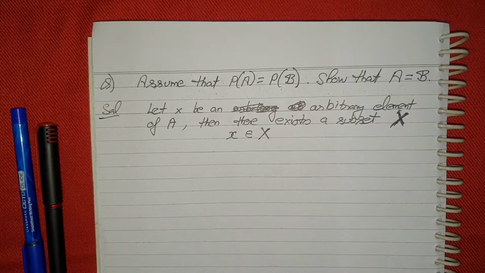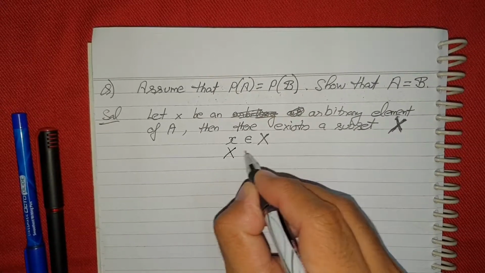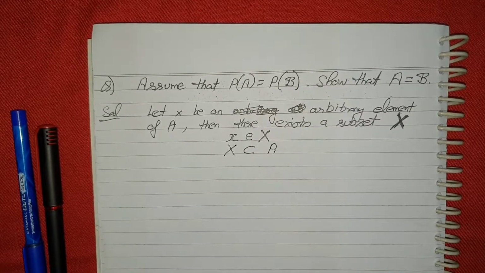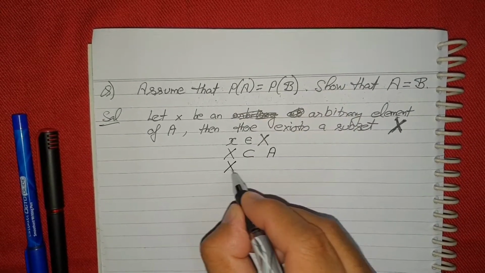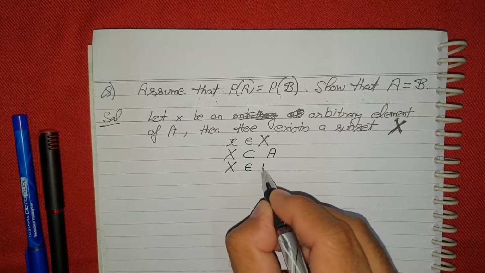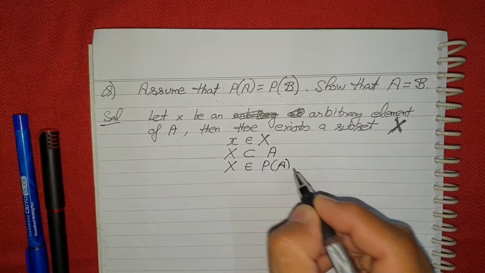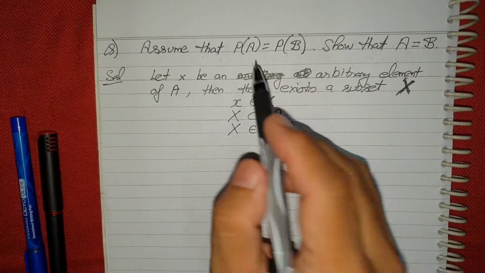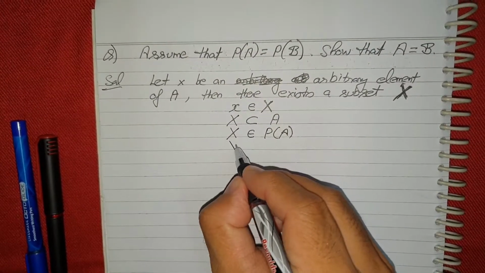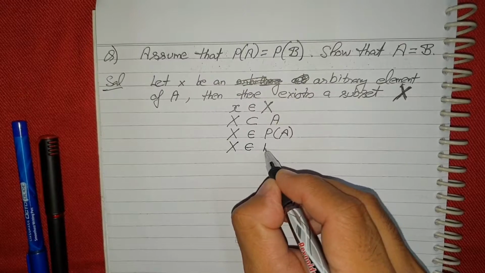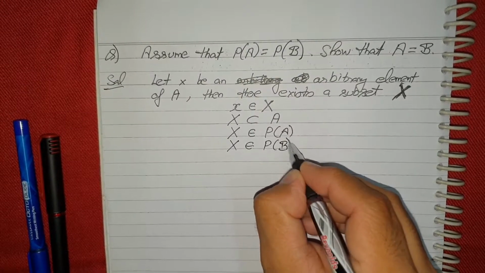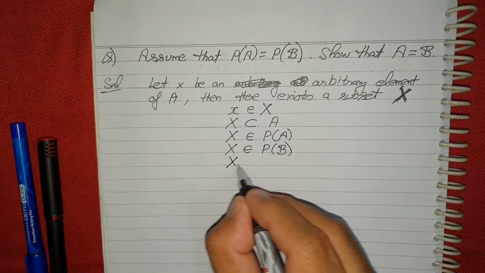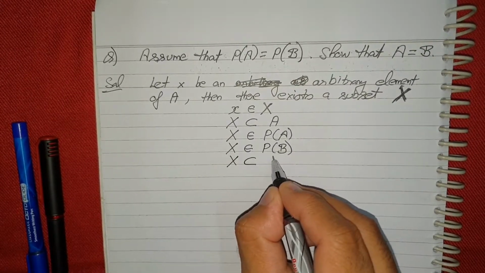Now capital X is a subset of A, so that means capital X belongs to P(A). That's obvious, capital X belongs to P(A). Now from this, P(A) equals P(B). So capital X belongs to P(B). That means capital X is a subset of B.